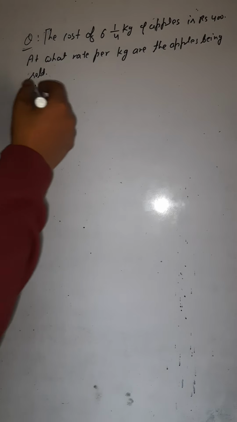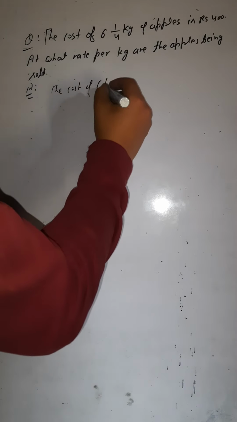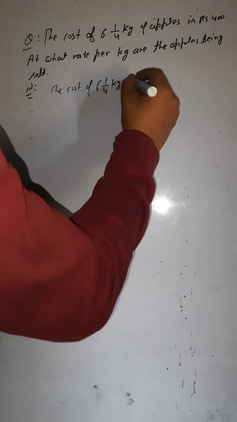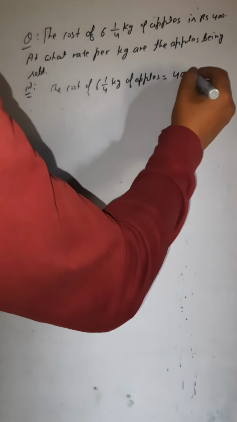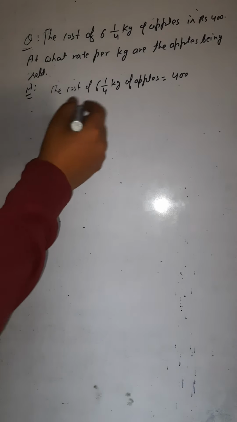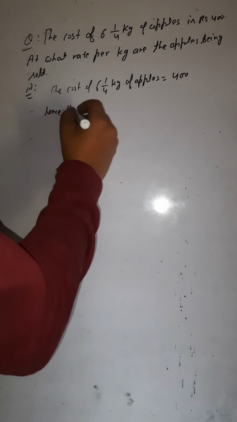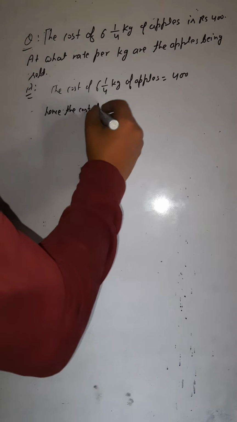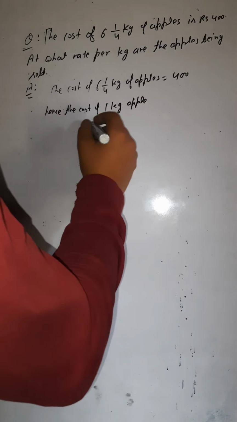So let's write the method first. The cost of 6 whole 1 by 4 kg of apples is how much? Rupees 400. Now you have to find out the cost of 1 kg of apples. So just find it. Hence, the cost of 1 kg apple would be how much?